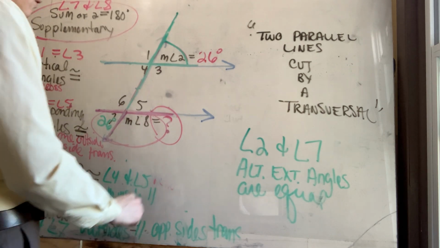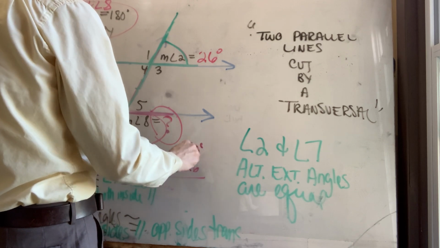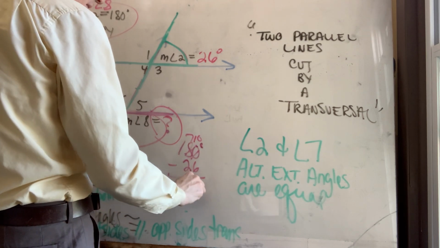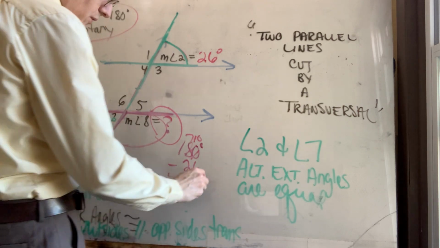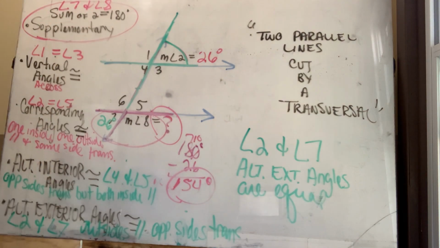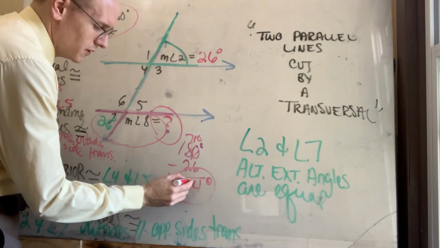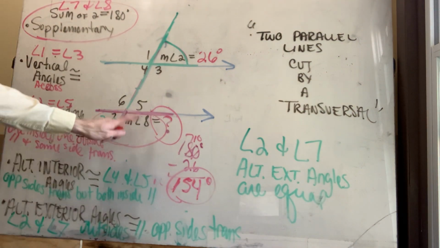Right? How so? From subtracting from 180. It should be 154 degrees. Sorry for the messiness. 154. That is angle 8.